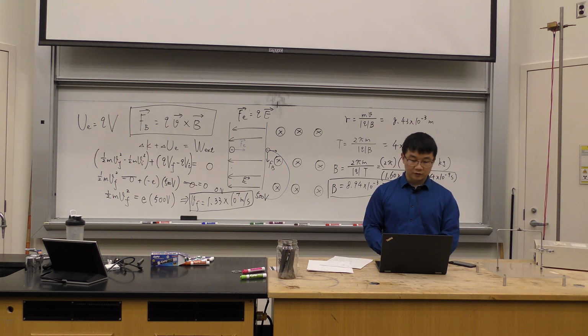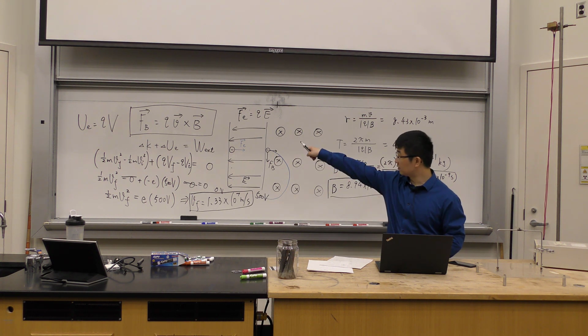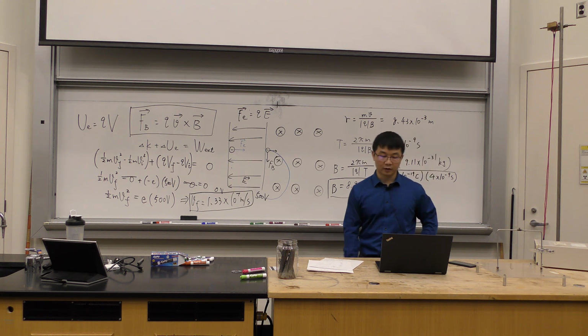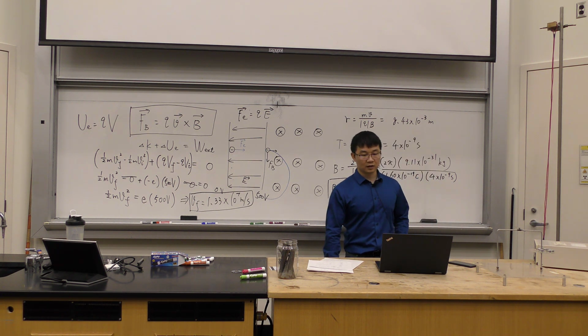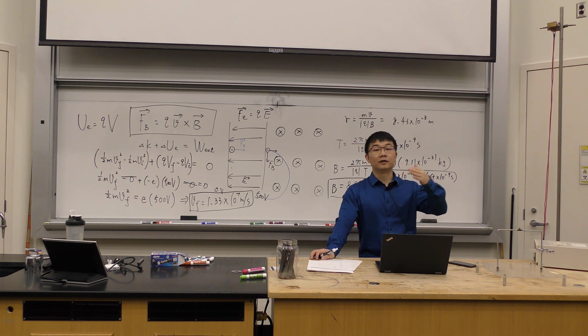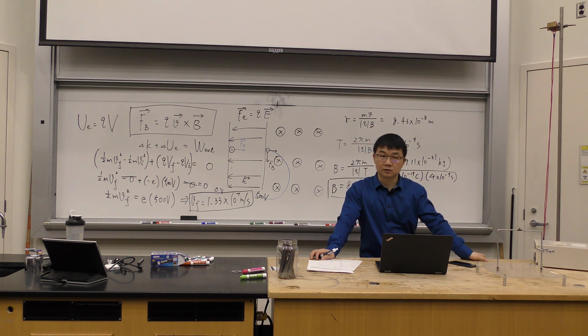Now I'm going to tell you some applications of this theory. The first application is the velocity selector, slide 5. What is a velocity selector? In a lot of problems we solved, the problem says an electron has some velocity, a proton has some velocity.